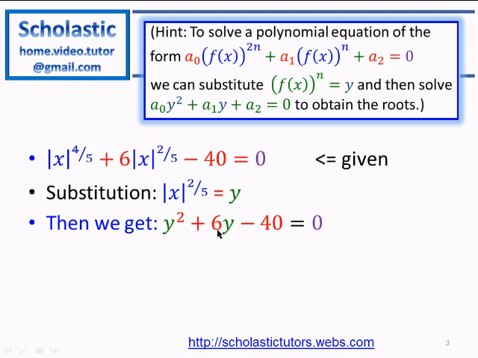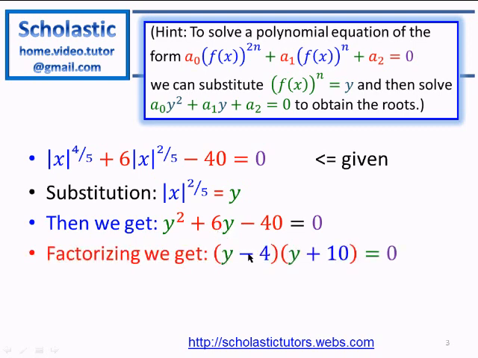That means our factors here are (y - 4)(y + 10). 4 times 10 is 40, negative 40. You put a negative term here because we need positive 6y in the middle. So y times 10, 10y minus 4y gives plus 6y. Now we need to find the roots of this equation. y can be 4 or y can be negative 10.